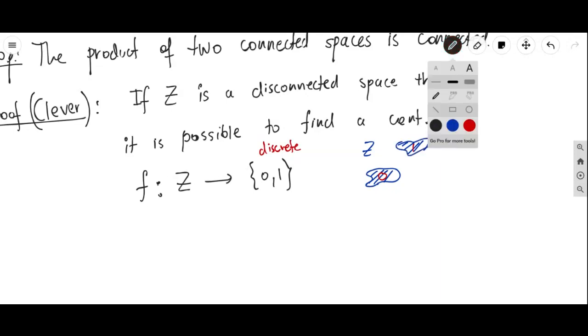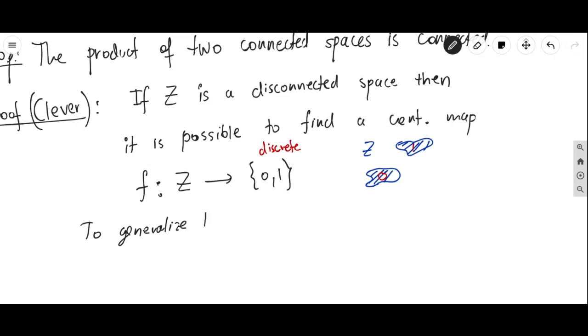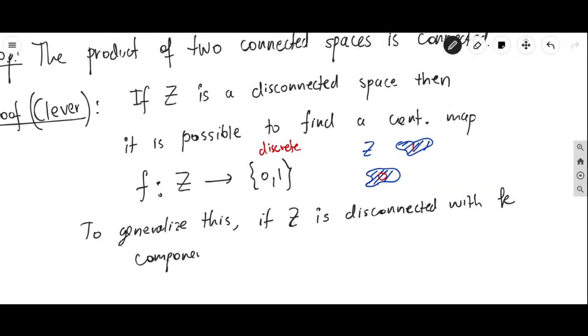And to generalize this, if Z is disconnected with K components, so recall we talked about the components of a set. The components are the maximal connected subsets.